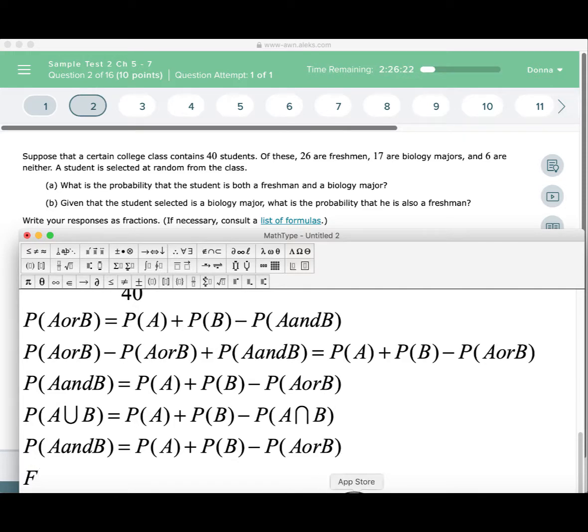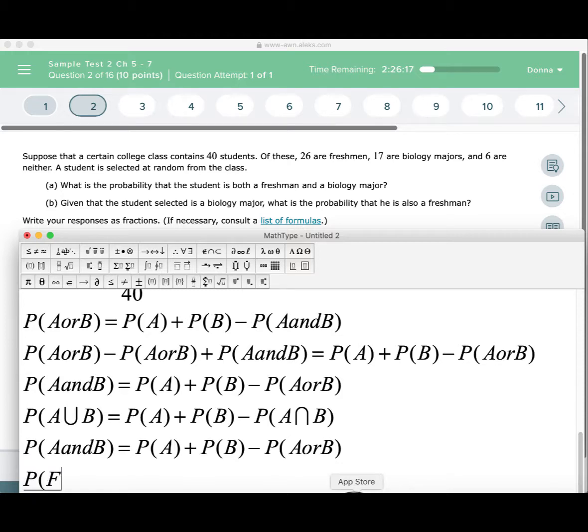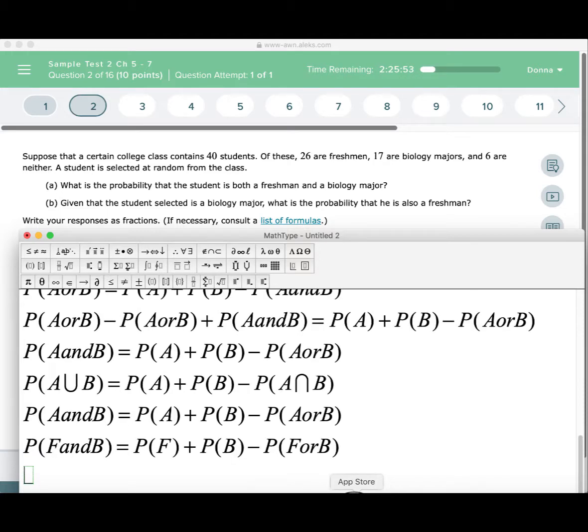So the probability of a freshman and bio is equal to the probability of a freshman plus the probability of a bio major minus the probability of OR. The probability of being a freshman is equal to 26 out of 40.